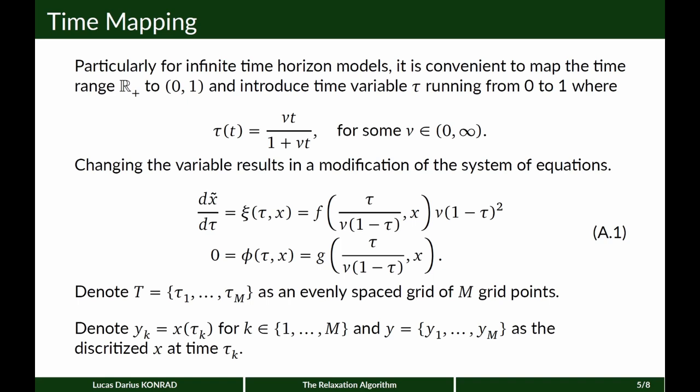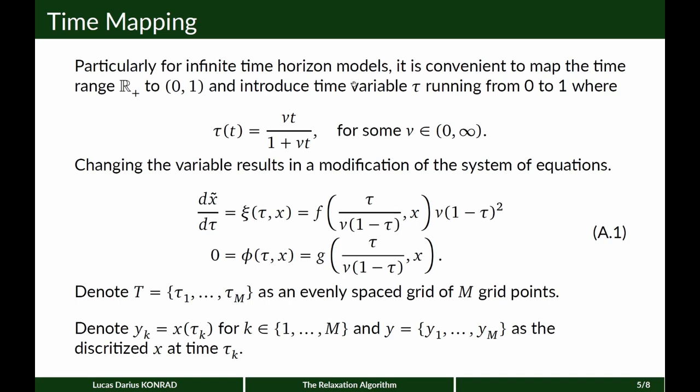This is particularly useful for dealing with infinite time horizon models, as we typically have in macro. So what we first do is we map this positive real line, time can run from 0 to infinity, into the unit interval starting from 0, ending at 1. After this, we have a finite time interval, and this we can cut up.